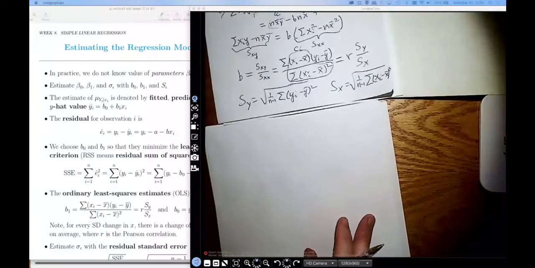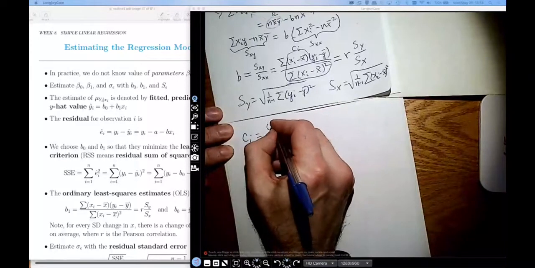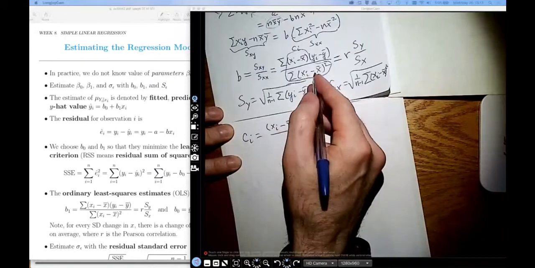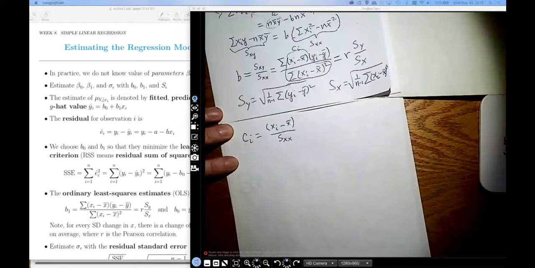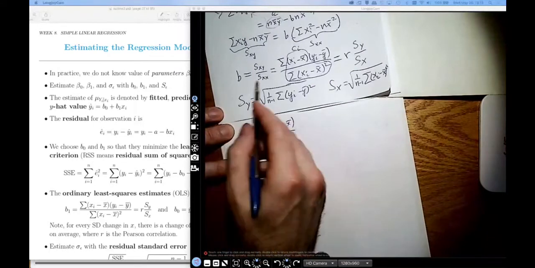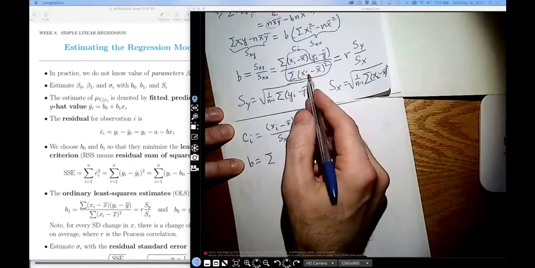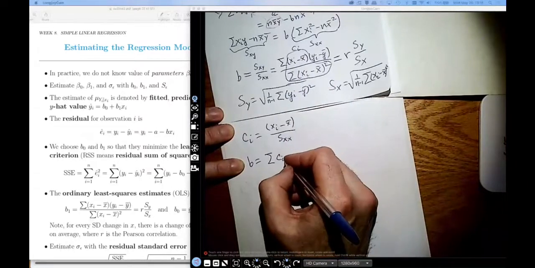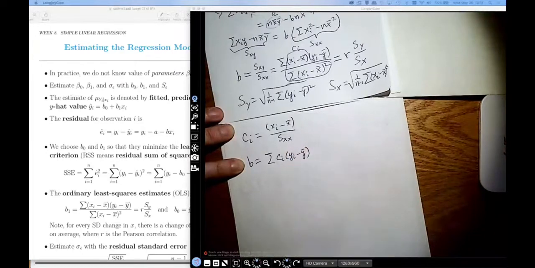So let's just begin anew here. c sub i is going to be x sub i minus x bar divided by this thing in the denominator, which is Sxx. So what I'd like you to notice is that my b, following from this, is equal to the sum of this big messy thing that I've called c sub i. So c sub i is just a constant, times y sub i minus y bar.